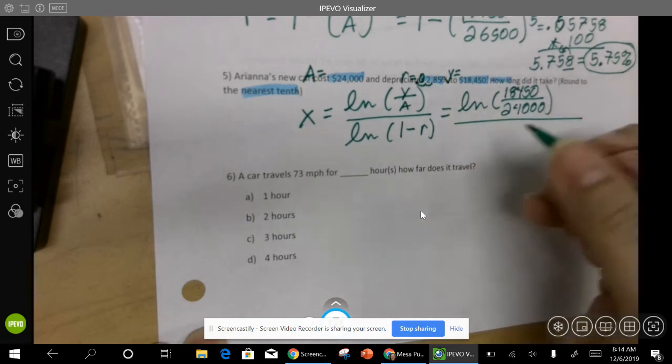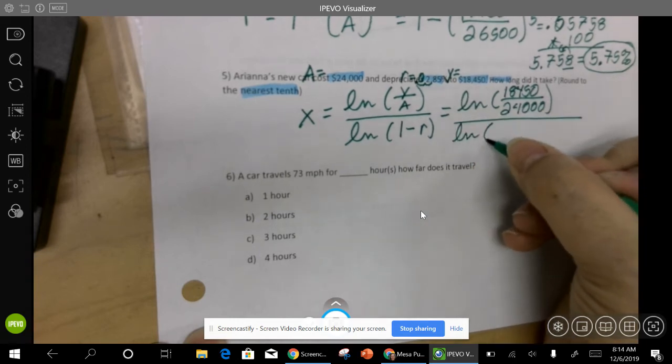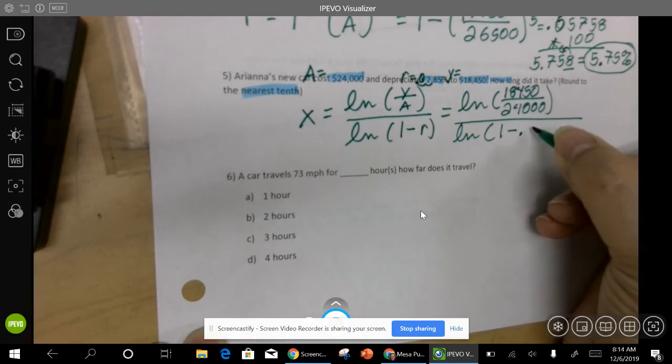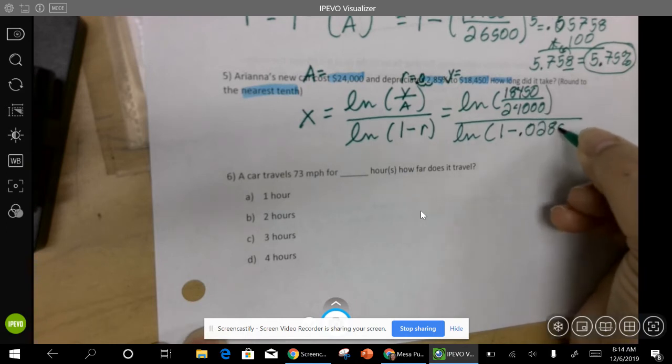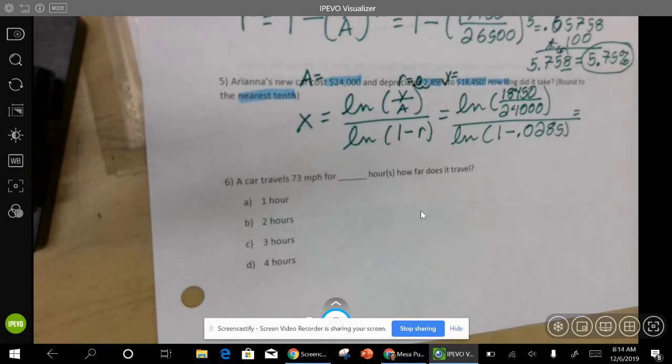So we put this in. I'm going to use n over d or MathPrint, everybody.